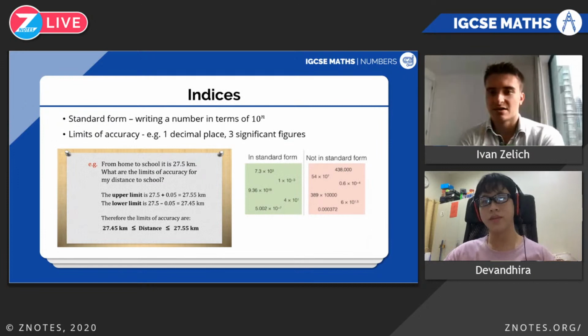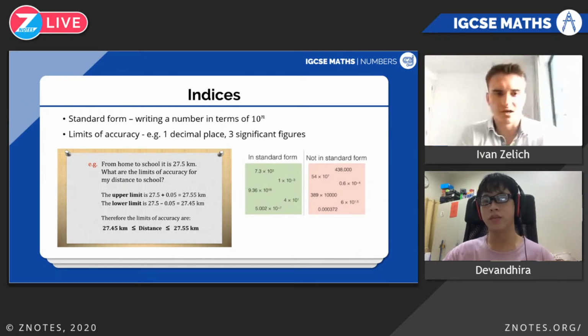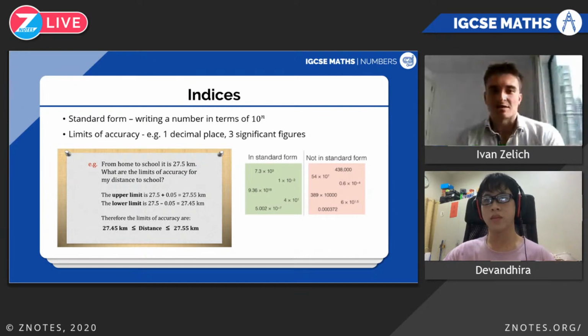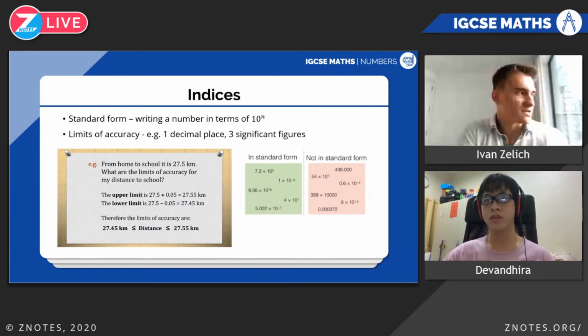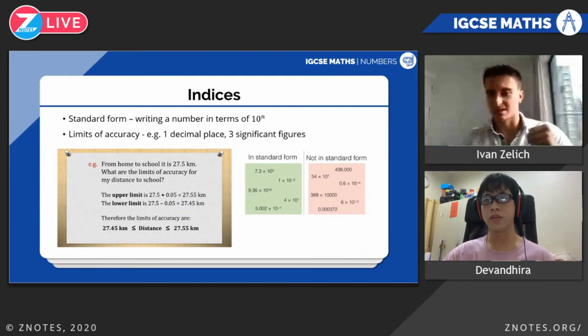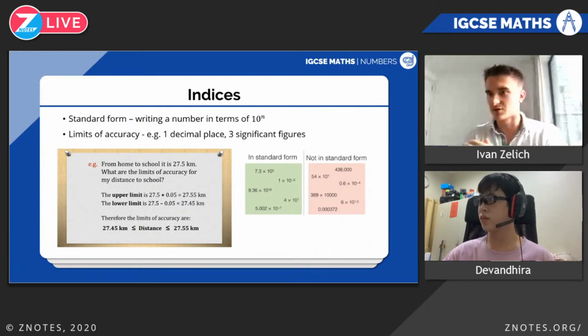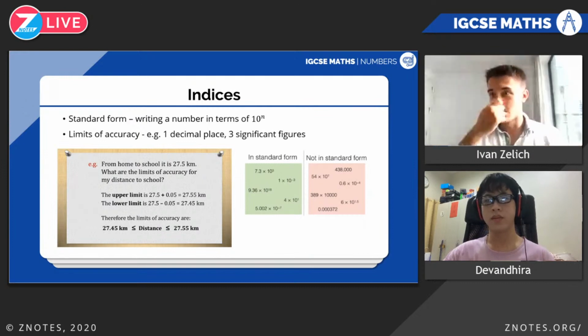So now let's move on to these guys, indices. I think one of the reasons indices are really important is in science. Let's say you were trying to measure your height and you had a 1 meter ruler. The degree of accuracy of a ruler is usually in centimeters.